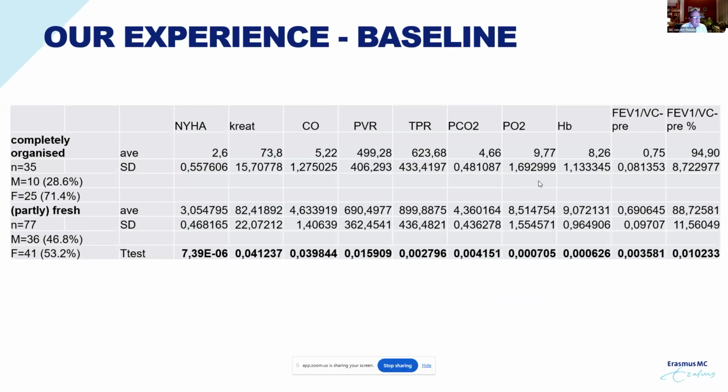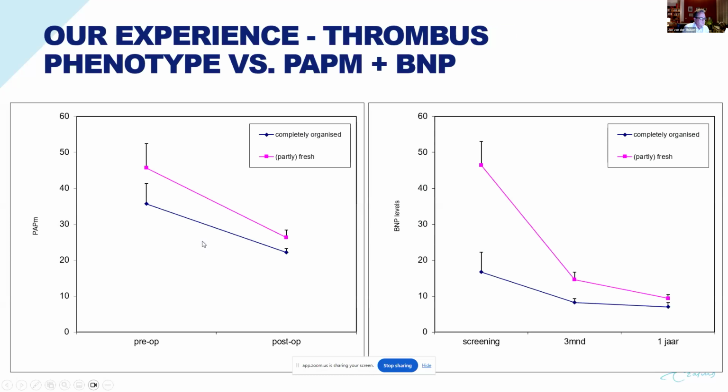We've seen something similar in our cohort, where patients with partly fresh thrombi tend to have a worse clinical profile across various parameters, going from clinical performance, such as the NYHA status, to pulmonary vascular resistance, but also including, for instance, pulmonary function tests. So on the whole, they tend to be from a poorer performance group.